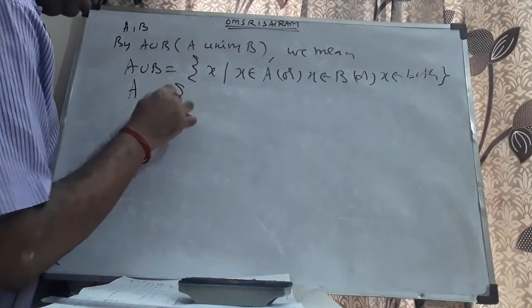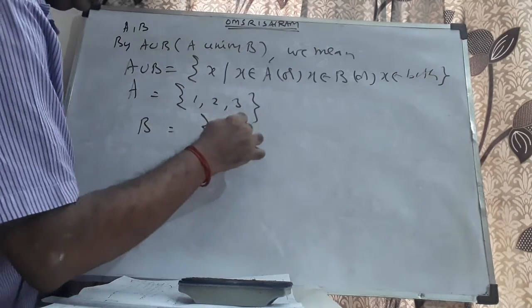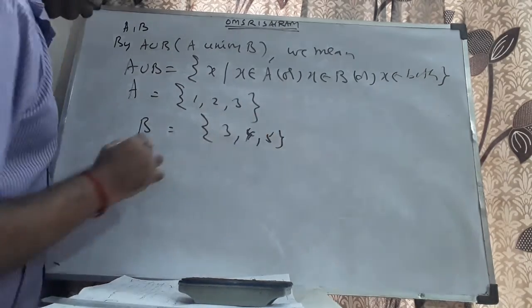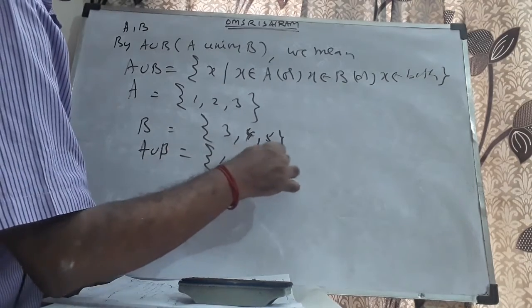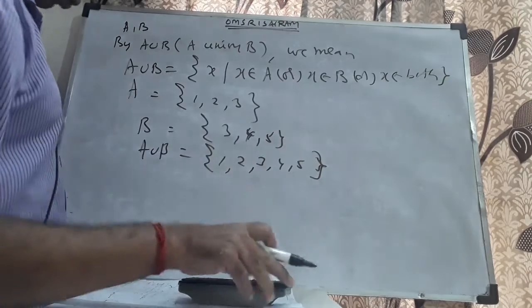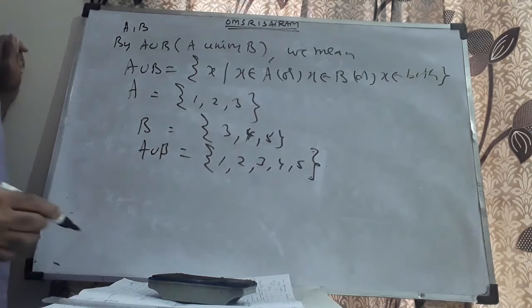For example, if A has, let us say, 1, 2, 3, and B has, let us say, 3, 4, 5, my A union B will be automatically 1, 2, 3, 4, 5. If it is there in one of them, it will be there automatically in the union.